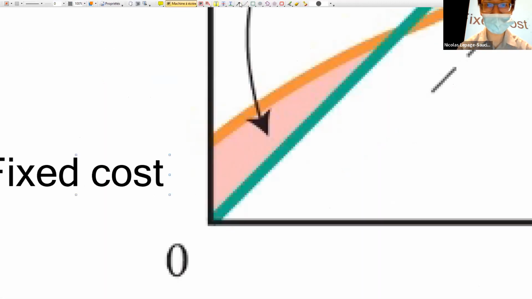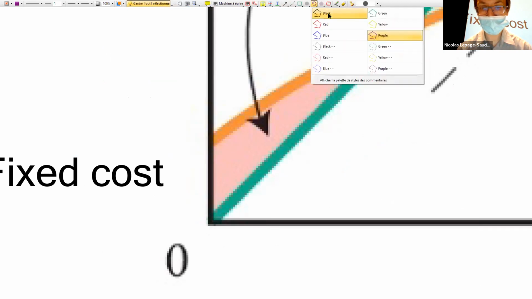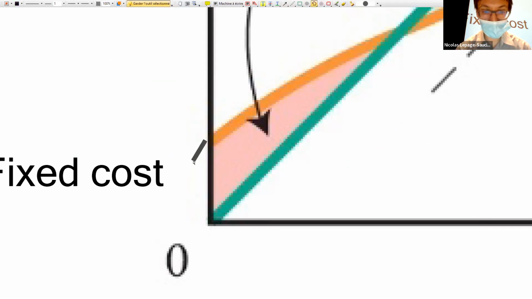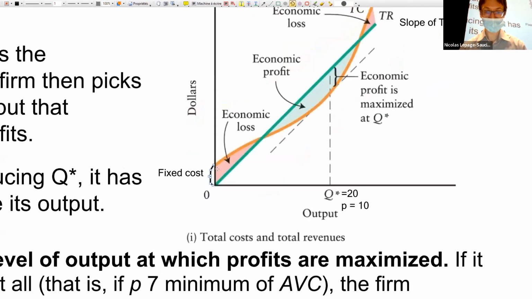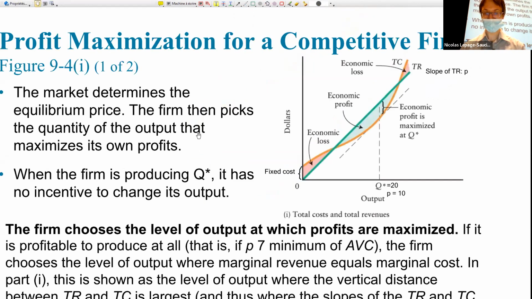Let me try and be fancy this morning. How beautiful is that? So this is the fixed cost. If I produce 0, I have a net loss.